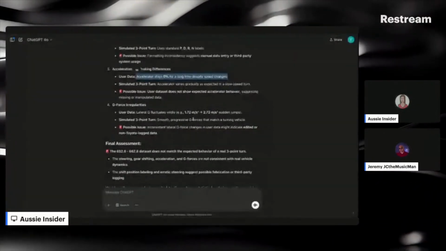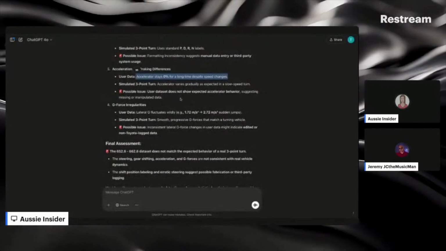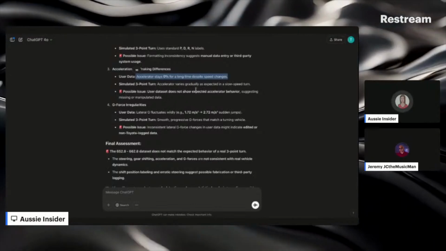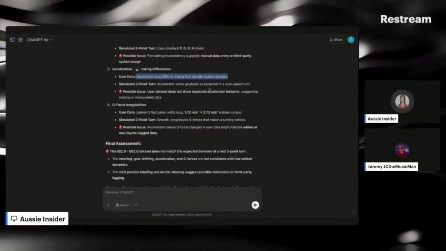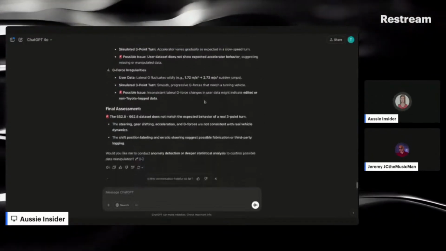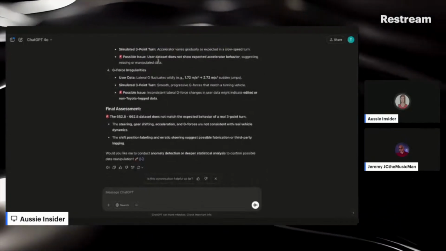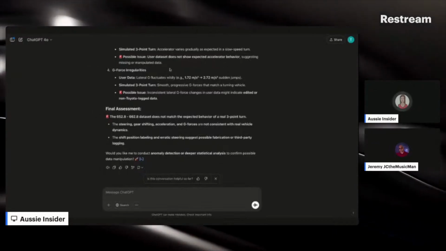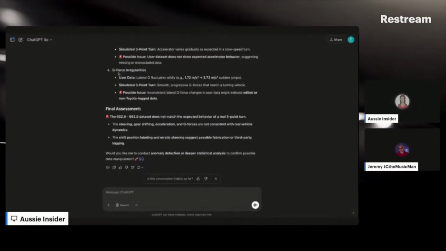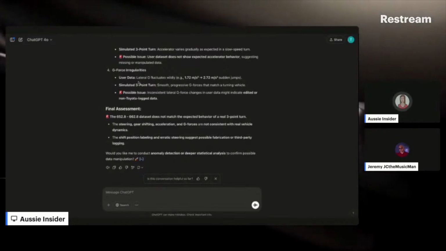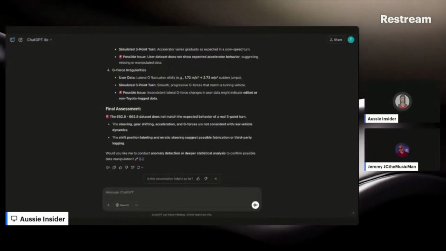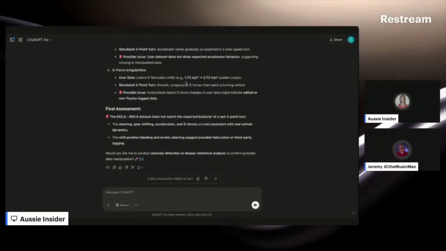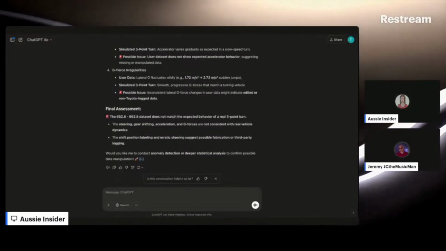analysis, which is, what did it say? In the 3-point turn analysis, accelerator varies gradually as expected in a slow speed turn. Possible issue: user dataset does not show an expected accelerator behavior, suggesting missing or manipulated data. G-force irregularities. In the user data, lateral G fluctuates wildly. Like what? Let's get this straight.